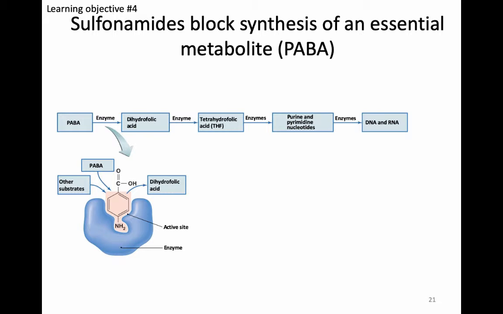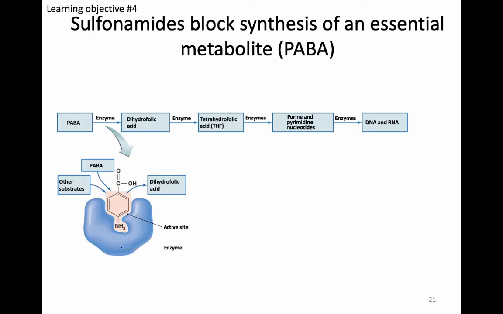The reaction that we're looking at is PABA being converted to dihydrofolic acid, which is then converted to THF, which is then converted to purine and pyrimidine nucleotides. So this is the A, C, G, T, and U. And then those are built into DNA or RNA. We're focused on the enzyme that catalyzes the reaction of PABA to dihydrofolic acid.